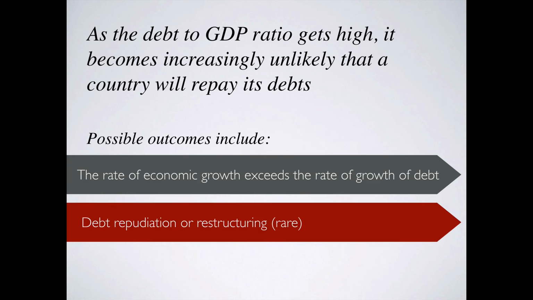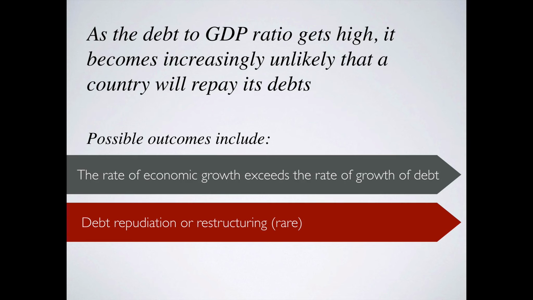The second thing is we could have debt repudiation or restructuring. What that means is a government says we're just not going to pay it, right? Or they might say, yes, we're going to pay it, but we need to restructure because we cannot bear the burden of this. Now, this has happened a lot in the developing world.